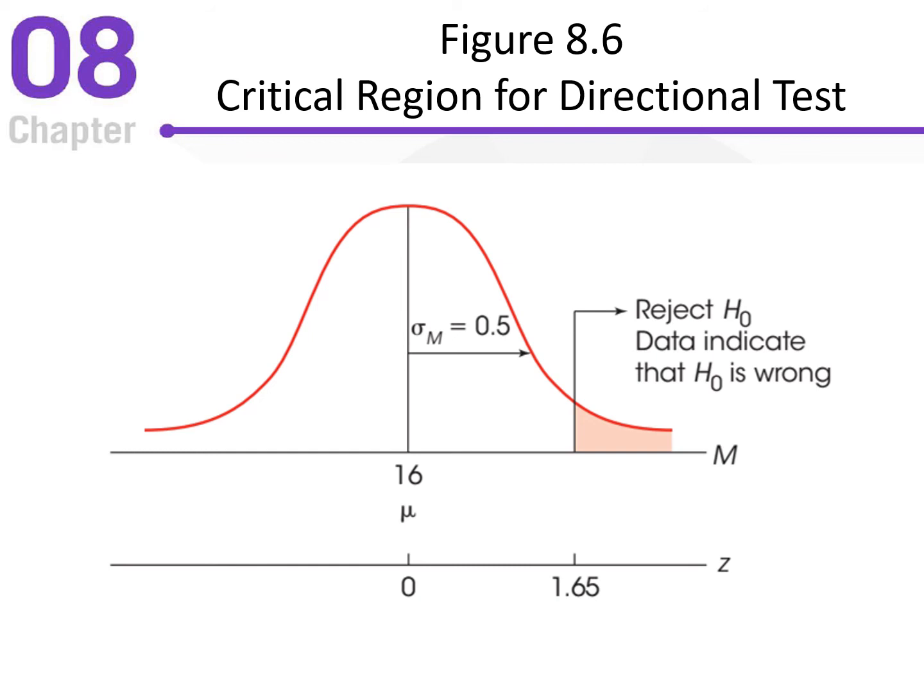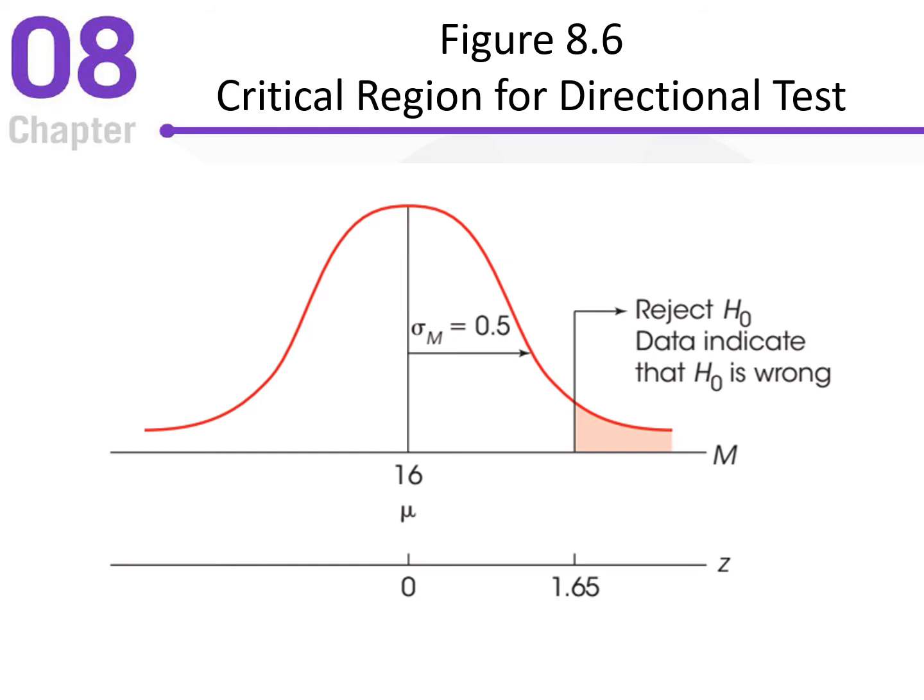The z value is no longer 1.96, it's all the way down to 1.65, which makes it easier to reject the null hypothesis. So you can see based on just the critical value of z here, 1.65, that it's much easier to reject the null hypothesis when you use a directional test versus a non-directional test, because the z-score criterion is lower. Here it's 1.65, before it was 1.96.